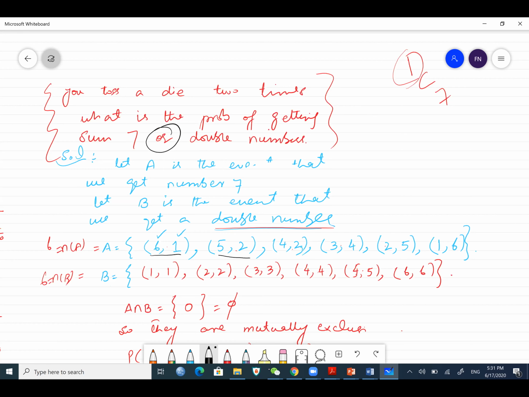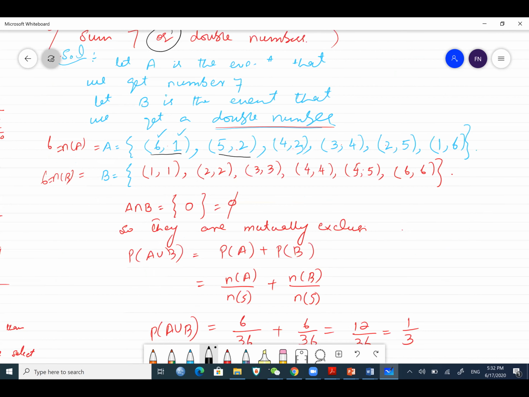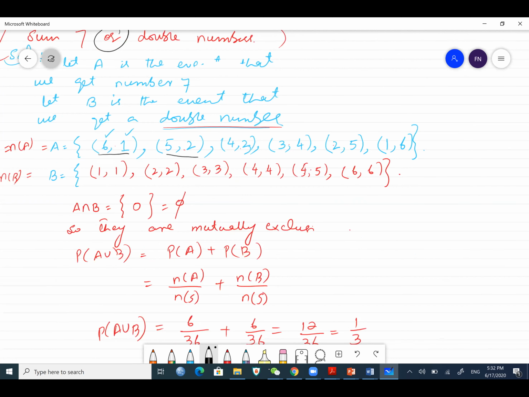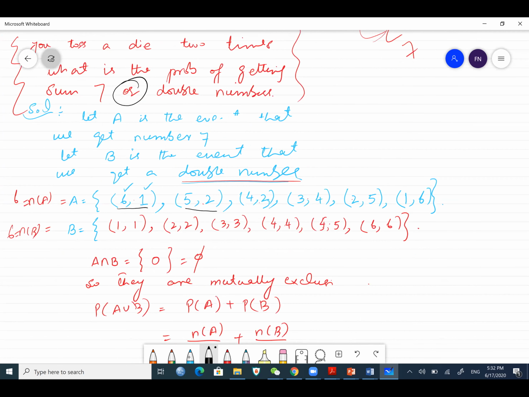Okay, good. So now I change this problem, and I need your attention to observe what is the change. If I say you toss a die 2 times, what is the probability of getting sum equals to 8 or a double number? I just change it to the sum equals to 8.